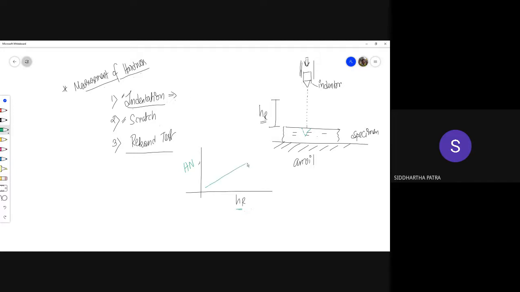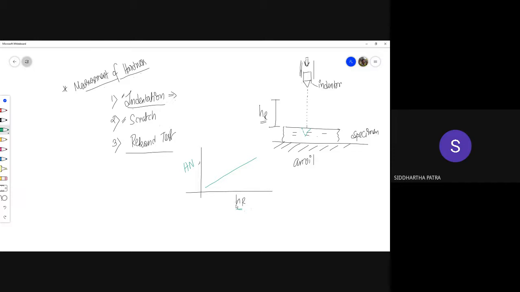What I mean by that is, if it spends lesser amount of energy in creating the indentation, which basically means it couldn't produce that much of plastic deformation, okay, that means the resistance to plastic deformation is higher.